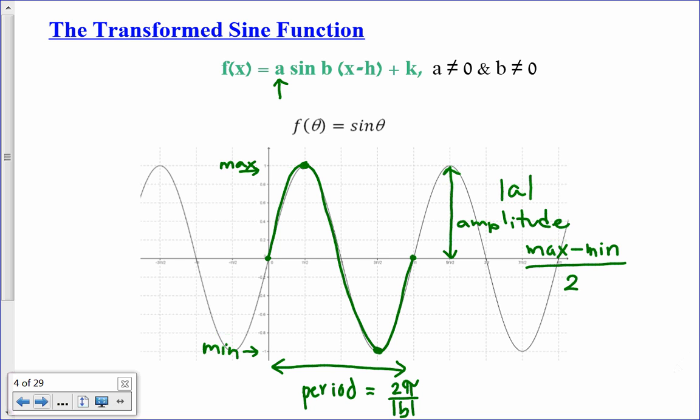After that, we have the axis that's kind of here in the middle. Okay, that's the sinusoidal axis, and that's our k. It's our k value if it goes up or down. I suggest you trace it in dotted line so that way you see it.